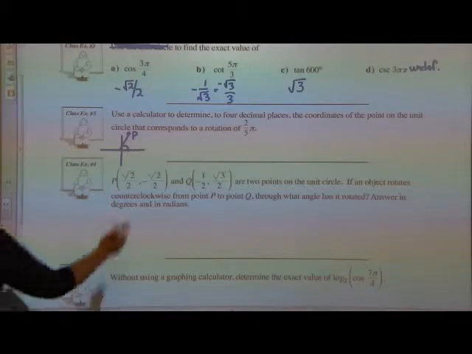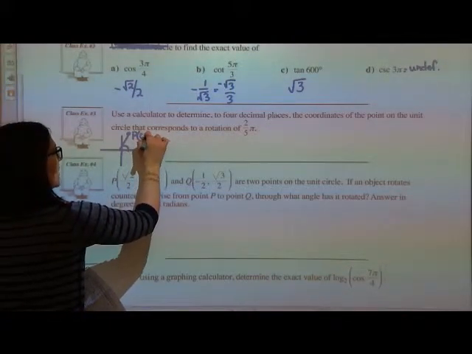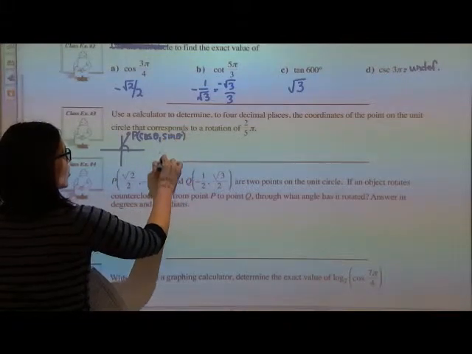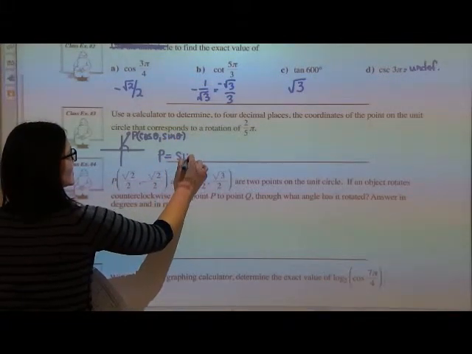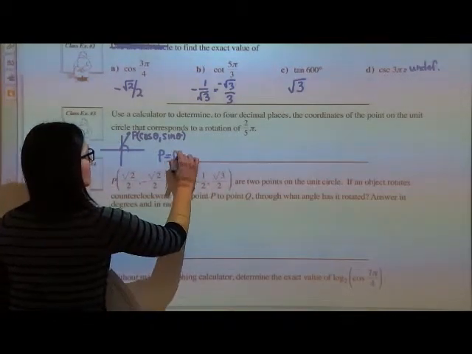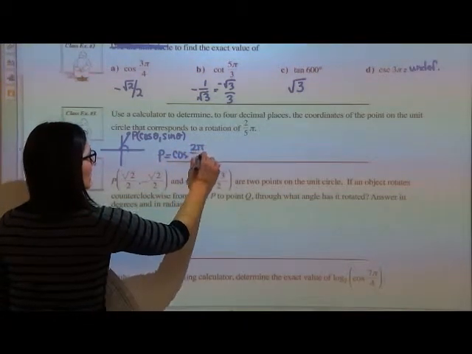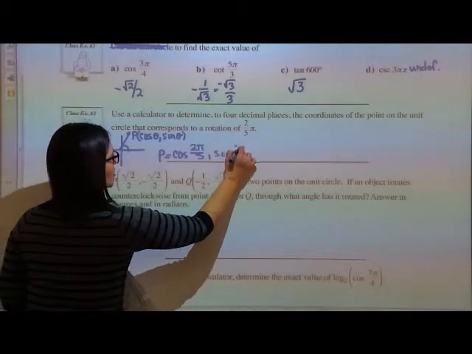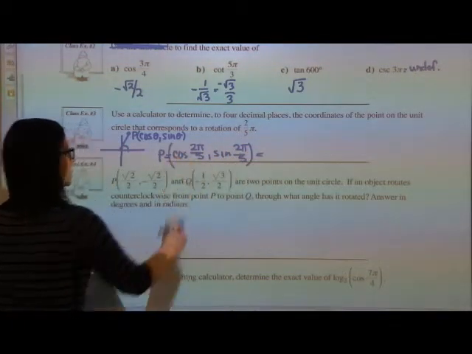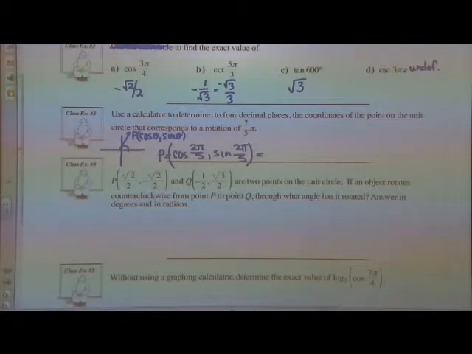What I need to remember is that these points are cosine theta and sine theta. So point P would be cosine 2 pi over 5 and sine 2 pi over 5. So that's what I would type into the calculator.